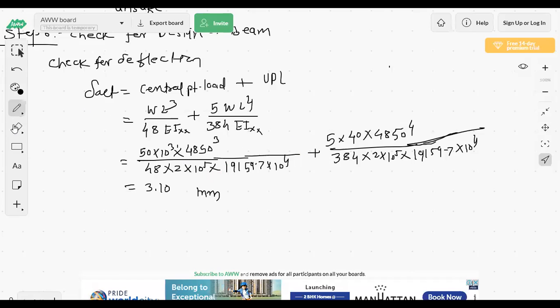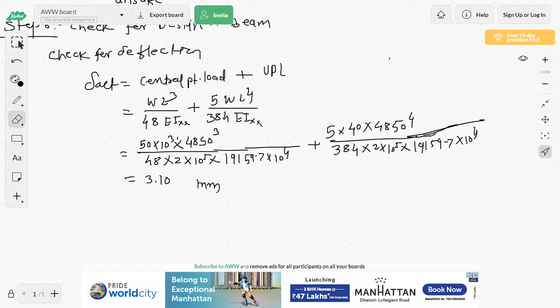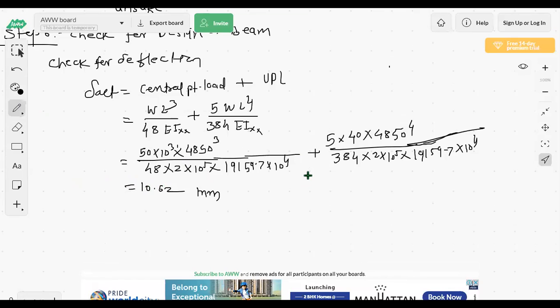So Snehal, please verify your answer again. 10.62 is, I think, the correct answer. Sheetal has also given it. So the correct actual deflection is 10.62.